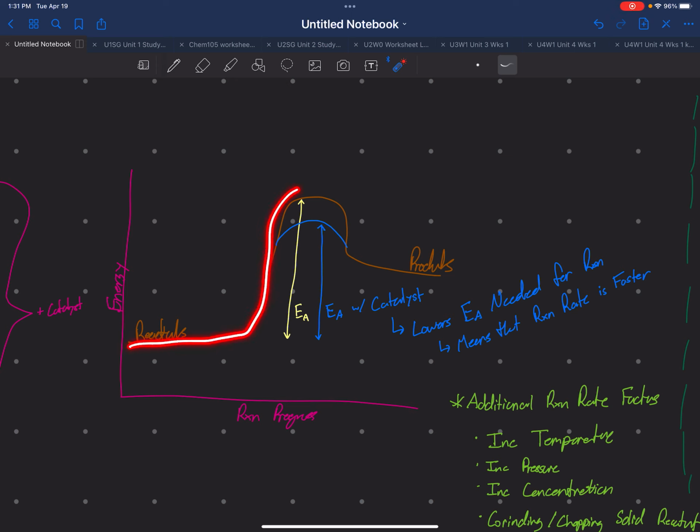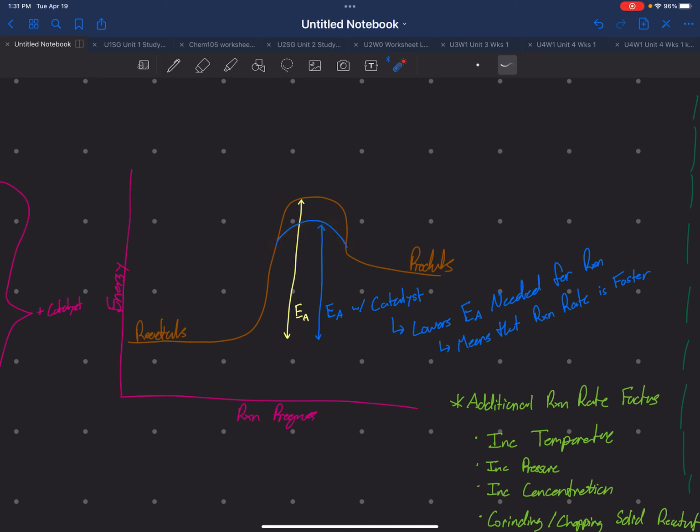kind of the same graph, we have the hump and the reactants on one side, products on the other. Okay, so this was our original activation energy, and this is the activation energy with the catalyst. The catalyst reduces that hump that the reactants have to go through.